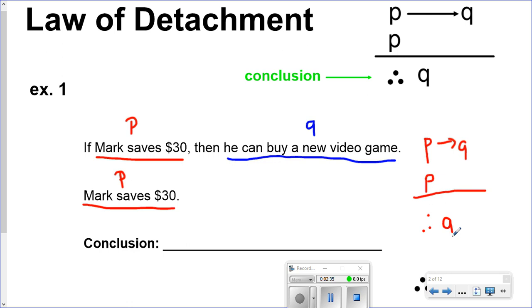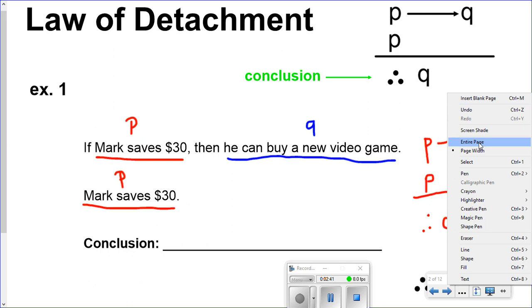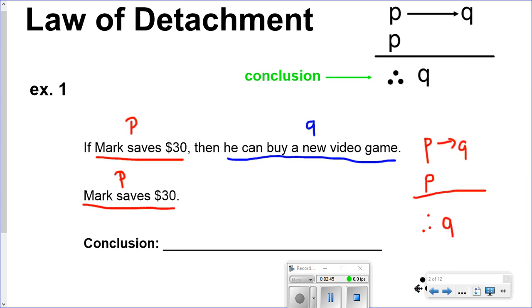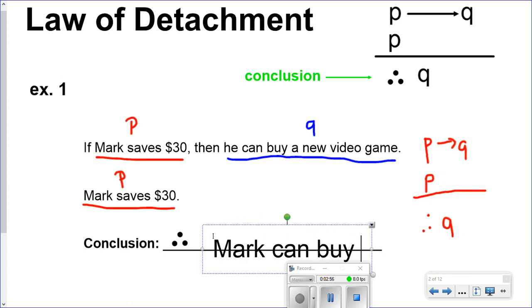So now we're just going to write that in words. Okay. So we have our therefore, and then Q is he can buy a new video game. And remember, in this case, he is Mark. So you can also say Mark can buy a new video game.